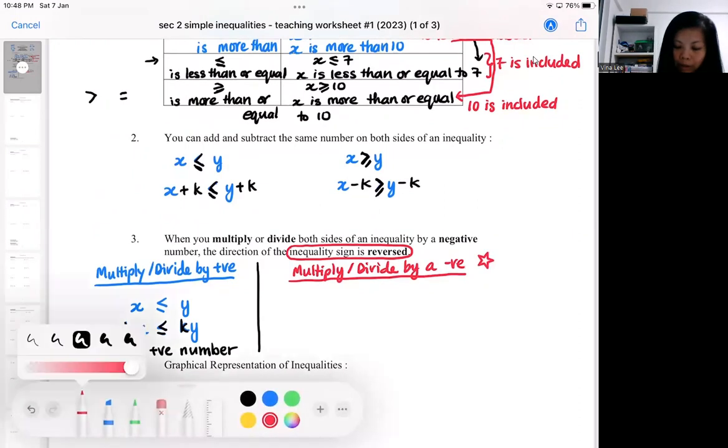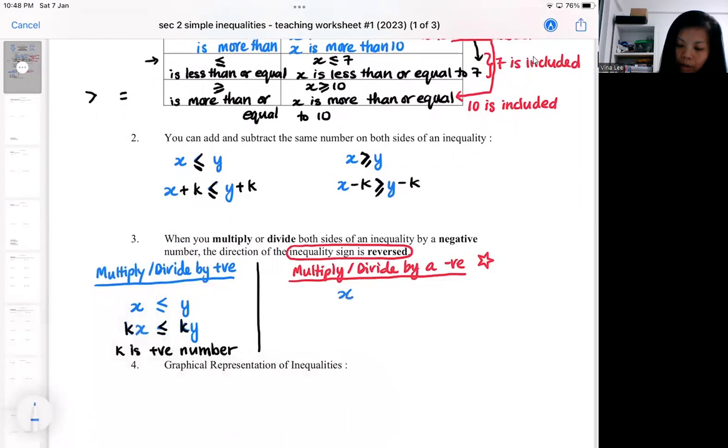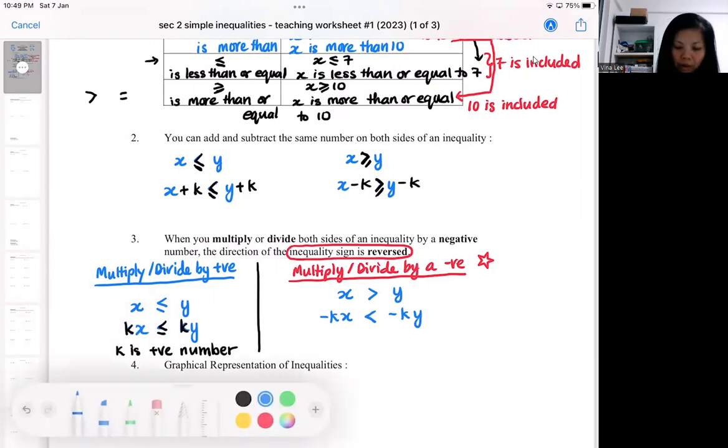So it will be something like this. You've got x greater than y. If you multiply by a negative number, the sign will change. There will be a reverse in the direction.